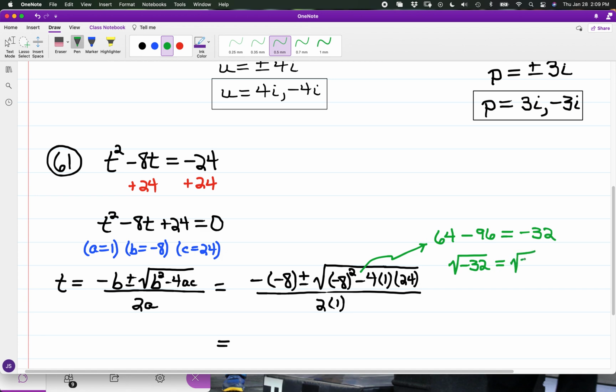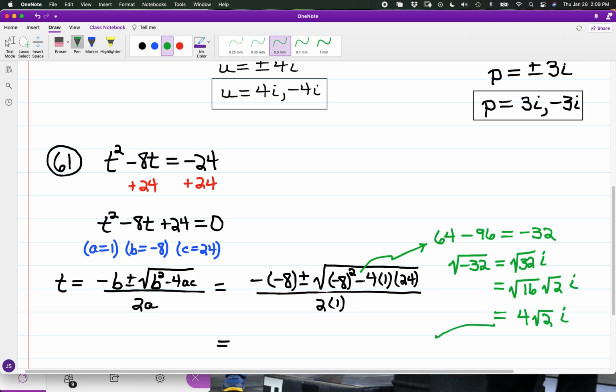So you have the square root of 32 times i. And the highest perfect square divisible into 32 is going to be 16. So the square root of 32, you have the square root of 16 times the square root of 2, and then we have the i to follow. And for the reduced radical, we have 4 times the square root of 2 times i.